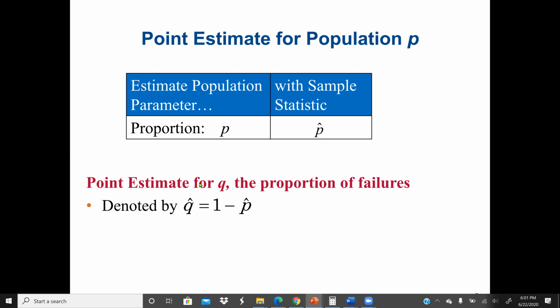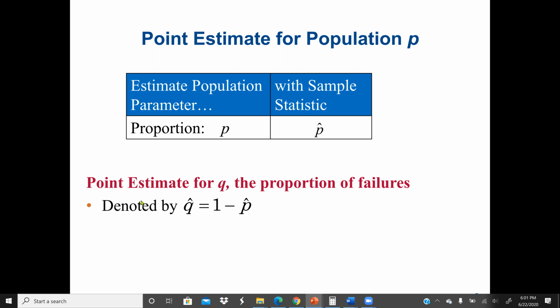So the point estimate for q: we remember when we covered the binomial distribution, if p is the success and q is the failure, then q equals 1 minus p. The same thing applies here. The point estimate for q, the proportion of failures, will be q hat equals 1 minus p hat.